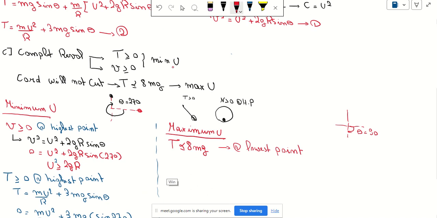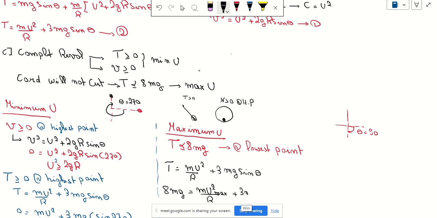Okay, so again to the T equation, T equal to m u squared over r plus 3mg sine theta. So if I'm substituting, I will put here T equal 8mg, equal to m u squared max over r plus 3mg sine 90.